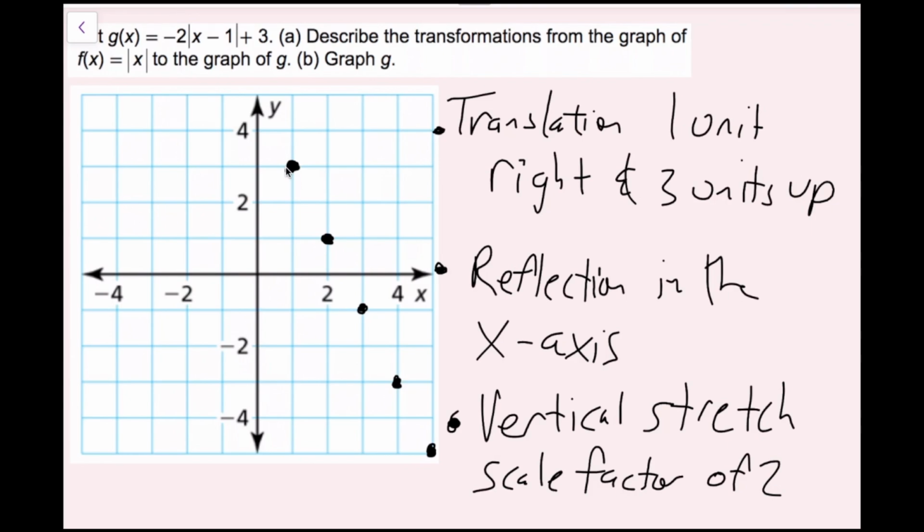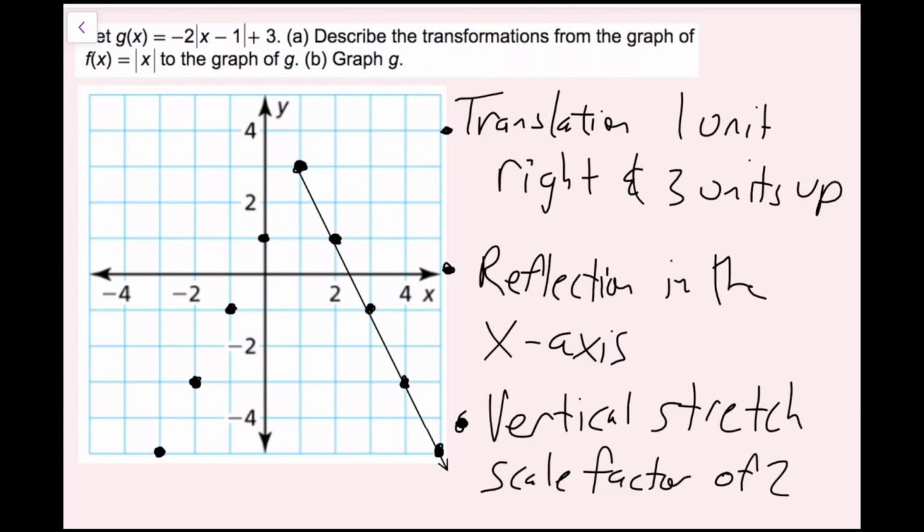And then over here, I'm going to do down 2, left 1. All right, and now I'm just going to draw my absolute value function through these points. So I have successfully described the transformations from the graphs, and I've graphed it. So now we're done with this one.